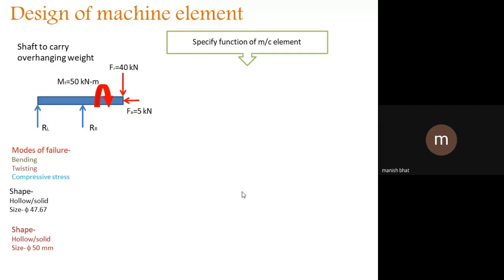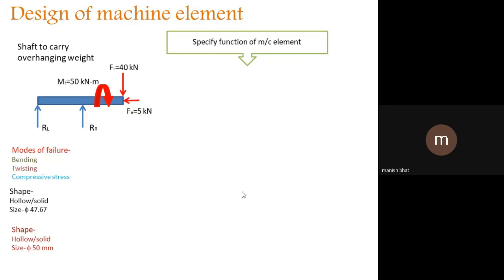And are you understanding? MT I have written. MT is what? MT is the twisting moment, and that twisting moment is 50 kilonewton meter. So the shaft is rotating. As the shaft is rotating, the torque on that shaft is 50 kilonewton meter.